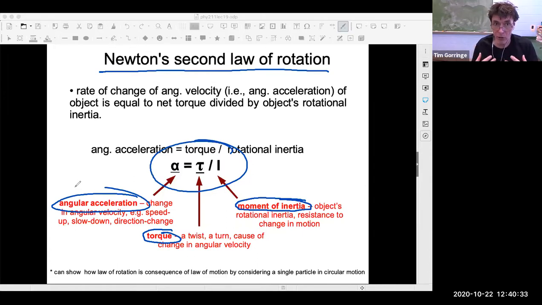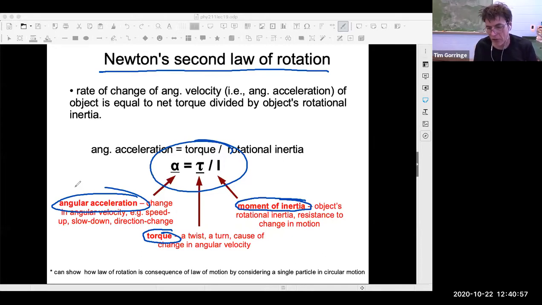All the quantities in this law are the same as the quantities in Newton's second law for motion, but for the rotational equivalent. So instead of force, it's torque. Instead of acceleration, it's angular acceleration. Instead of mass or inertia, it's rotational inertia.